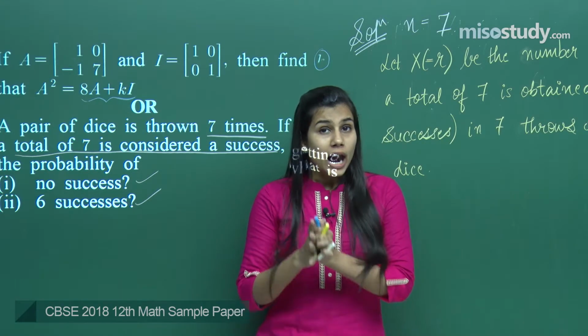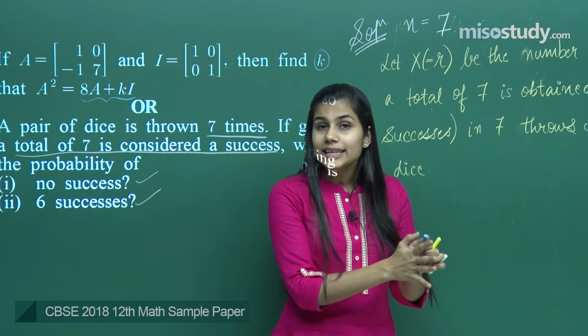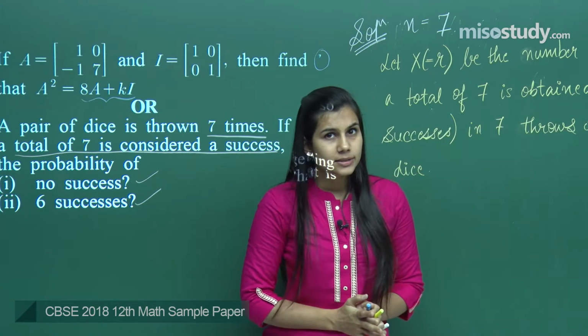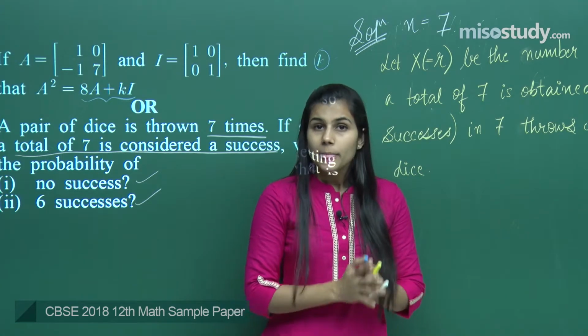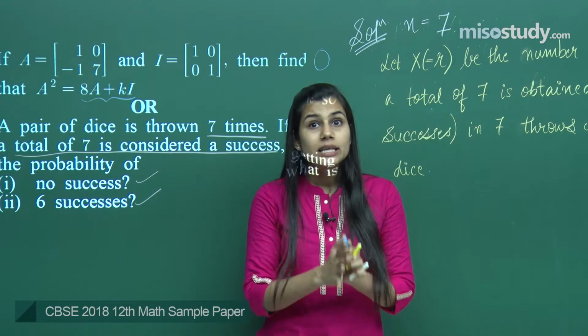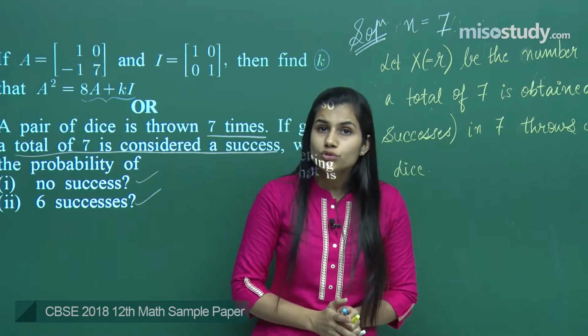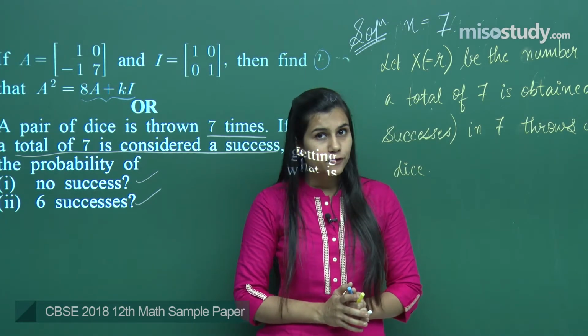Why and how did I go to this topic, binomial distribution, at this point? Well, r successes in n trials can happen in nCr ways, and these ways are mutually exclusive. The probability of each of these ways happening is p to the power r, q to the power n minus r, where p and q we know what they stand for.